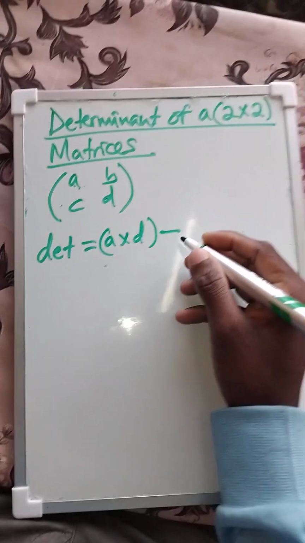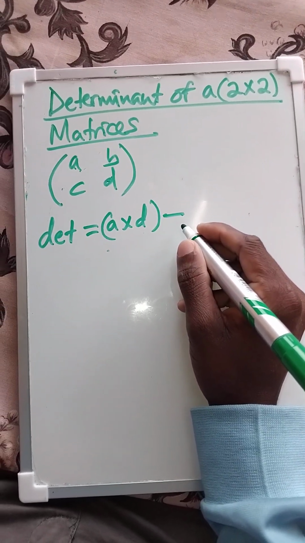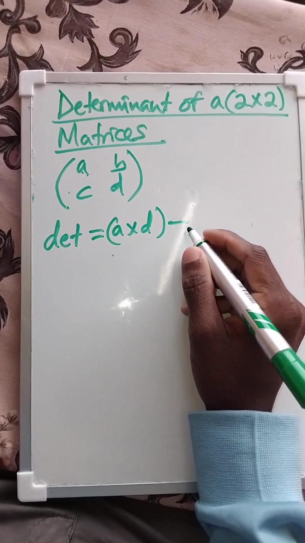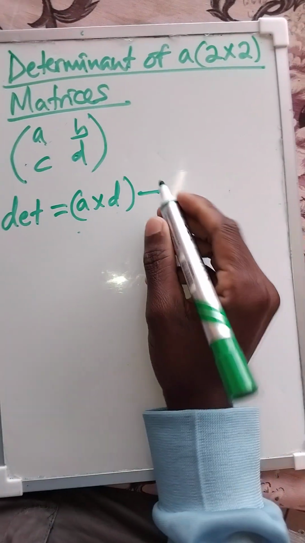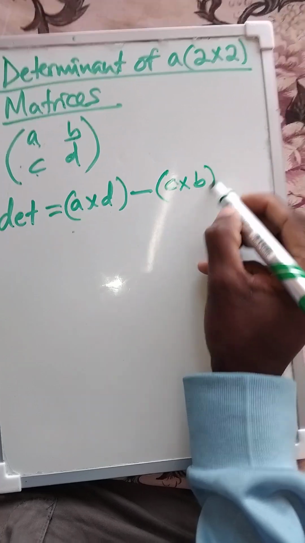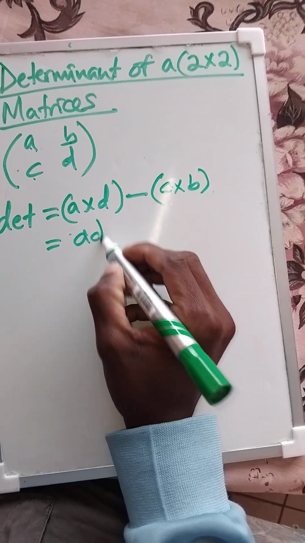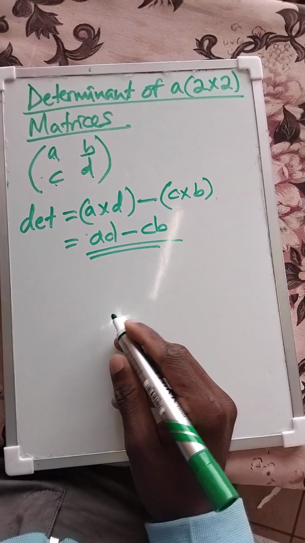We use minus when you find the determinant, and it needs the negative sign. Then C times B. So our answer is A D minus C B. And so this is our determinant.